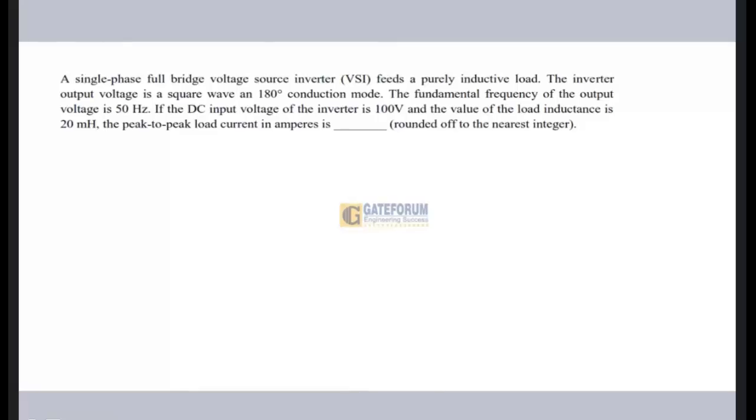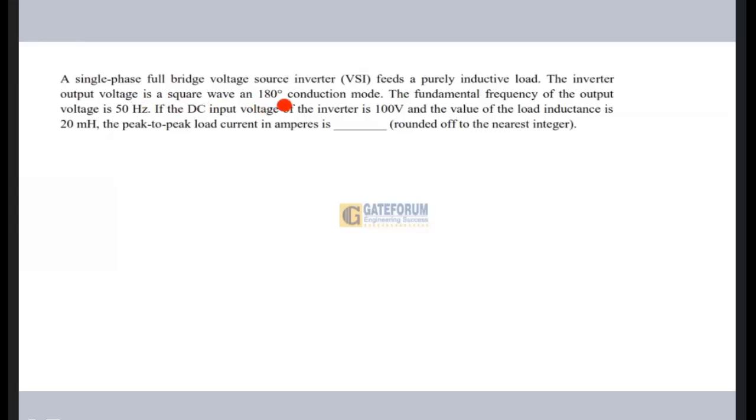Hello students. So this particular question was asked from the power electronics section in your GATE 24 EE, right? In this particular question, they are asking that a single phase full bridge voltage source converter feeds a purely inductive load. The inverter output voltage is a square wave, that is 180 degree conduction mode. The fundamental frequency of the output voltage is 50 Hz.